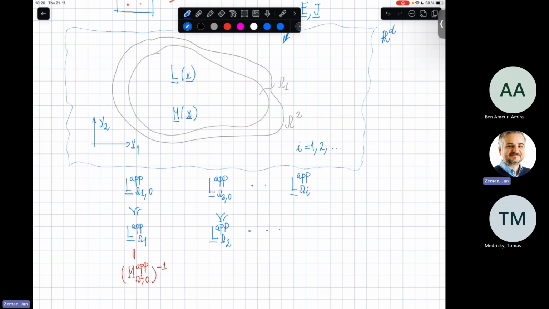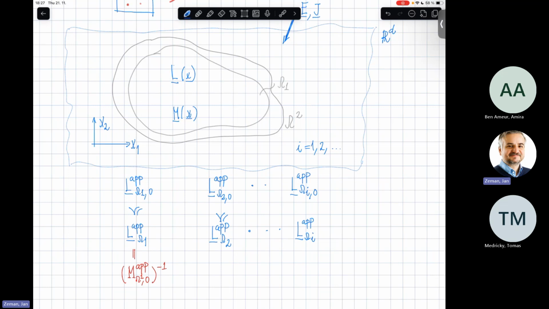And here I will use this Dirichlet type of boundary conditions. Here I will have this L apparent of the omega I, but with no boundary conditions.